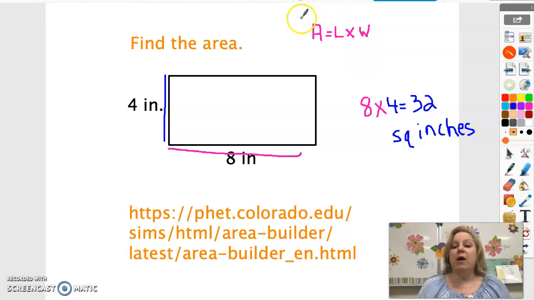The formula I always write on my paper is area equals length times width, to keep me very focused on what I'm looking for. Now I know in the last few lessons we've been adding two rectangles back together, but I want to make that really clear: area is multiplication, length times width.